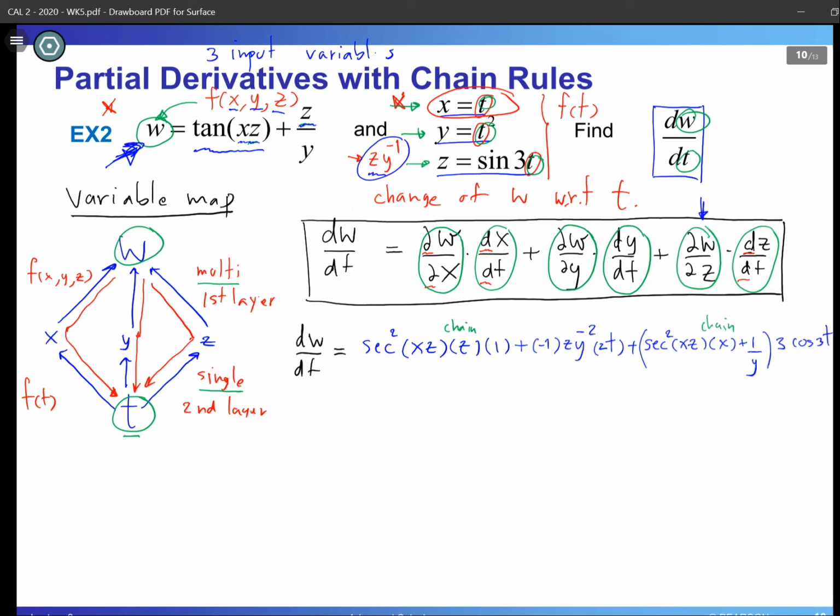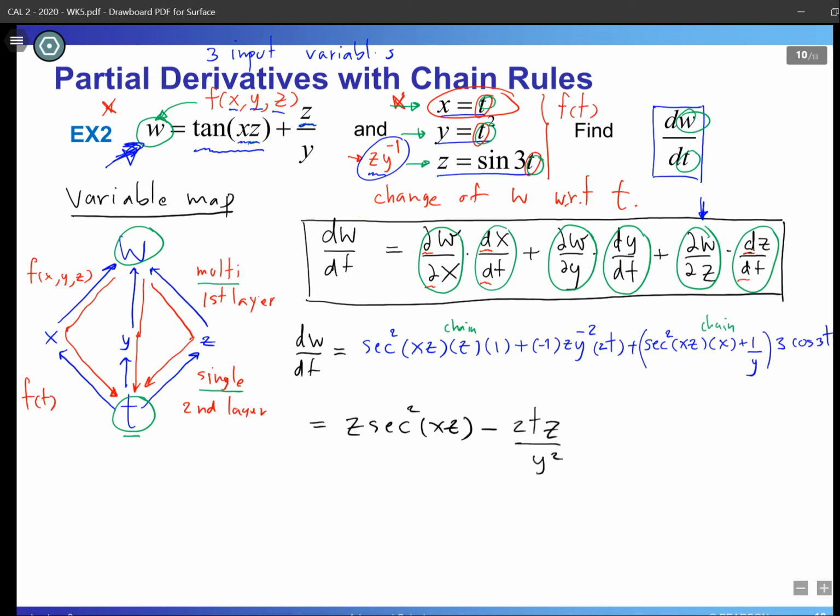Okay, in the end, I need to combine these terms together to make it look a little bit nicer. So this is going to be equal to z at the front, secant square xz minus 2tz, okay, divided by y square.